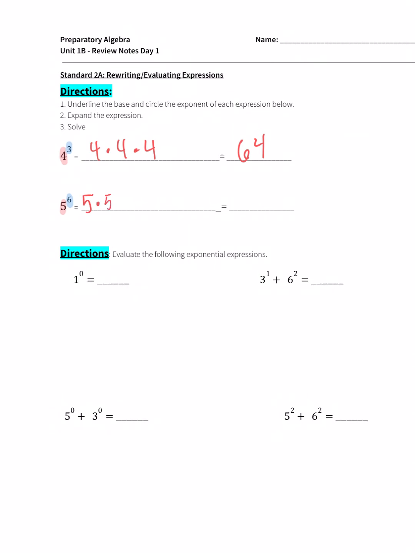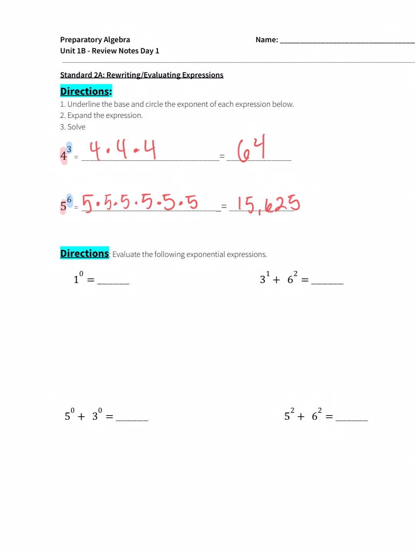So we have 5 times 5 times 5 times 5 times 5 times 5, and you get a huge number, 15,625. You might get really large numbers sometimes, so don't think you did it incorrectly if you have a large number. All right, let's go to these next problems.